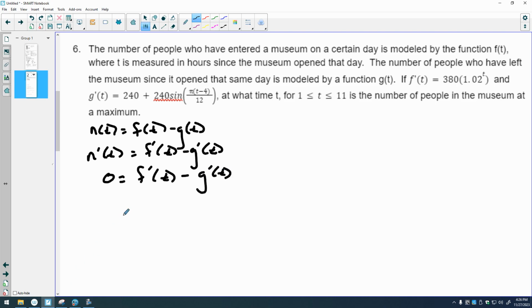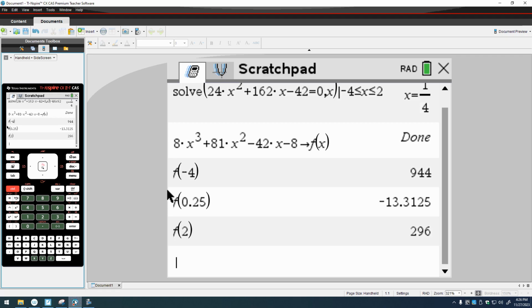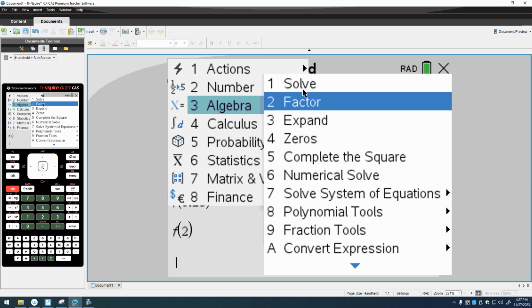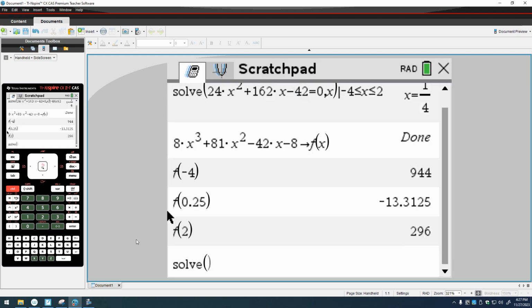Okay, and I want to write that so that my readers, whether it's me or an AP reader, can see exactly my thought process. I'm going to set the derivative equal to 0 to find max and mins, critical values. All right, so I'm going to go to menu, algebra, solve, and I'm going to type that big, huge mess into my calculator.